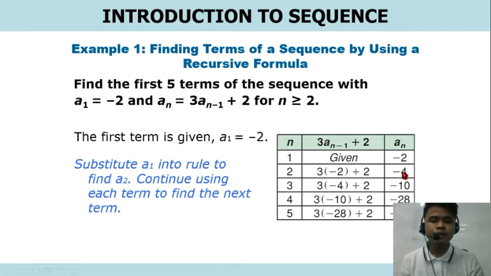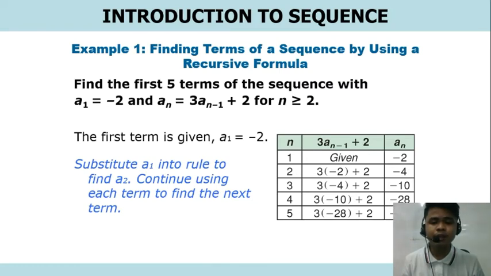And then, to find the third term, we need the second term, which is negative 4. So, ang gagawin natin dito is that we will substitute negative 4 to A sub n minus 1. So, magiging 3 times negative 4 plus 2. 3 times negative 4, it is equal to negative 12 plus 2. It is equal to negative 10.